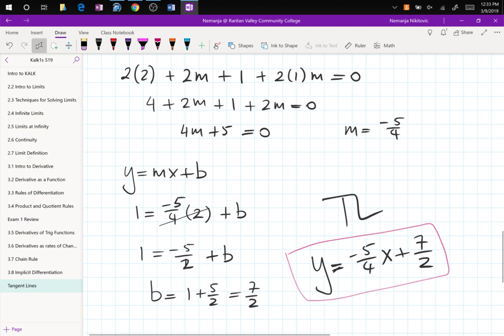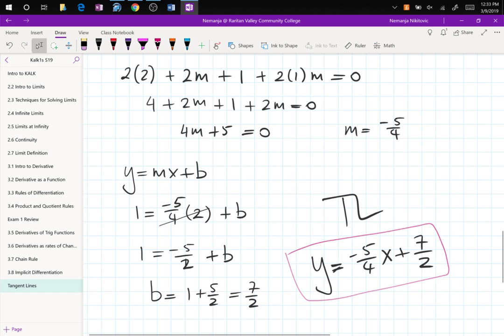That's it. One more example? Okay, say no more. Let's go and find the quotient rule example, because we can. Quotient rule, tangent line.